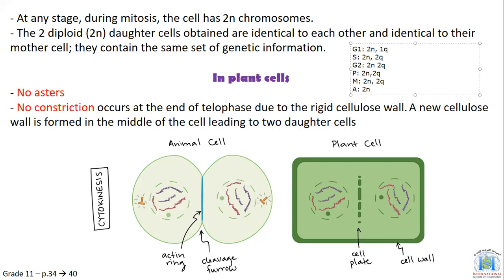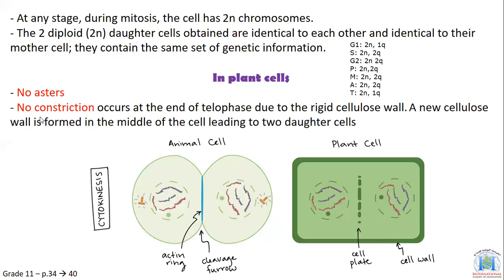We still didn't split the cells. 2n chromosomes, 2 chromatids. All the chromatids are present in the same cell. Telophase, splitting, cytokinesis happened. So we have 2 daughter cells. Each one of them have the same number of chromosomes. But now the chromosomes have 1 chromatid.